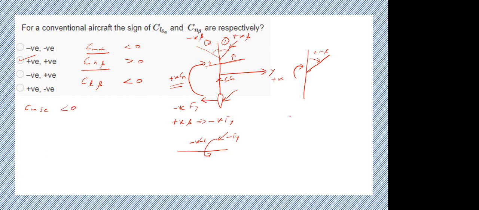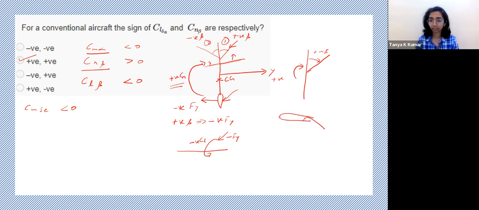This is your tail. You deflect your elevator down, lift force is produced. This generates a negative Cm. This is a positive delta E. I repeat again, the downward deflection of elevator is considered positive. That is our convention. So a positive deflection of delta E gives you a negative pitching moment. So your Cm delta E is negative.